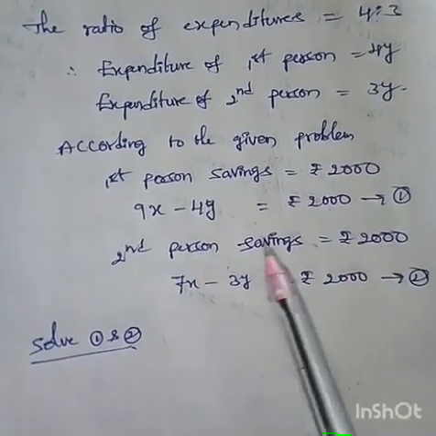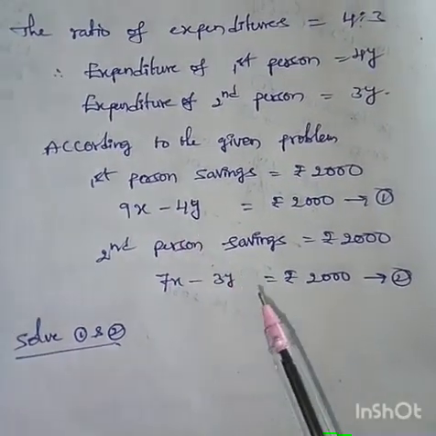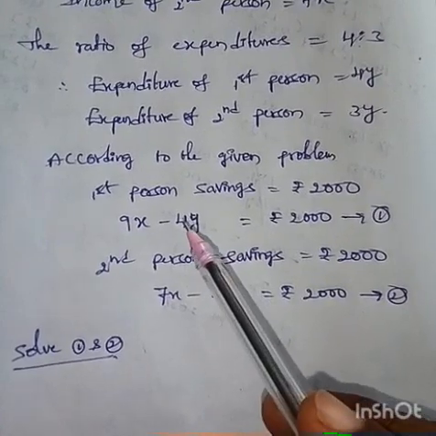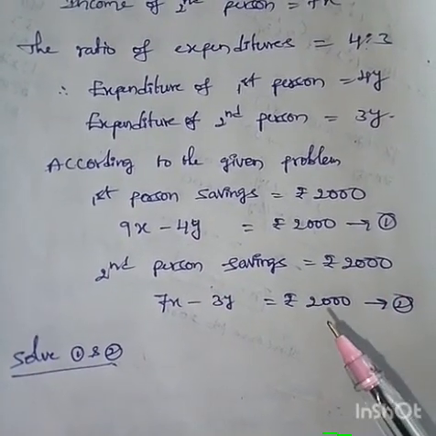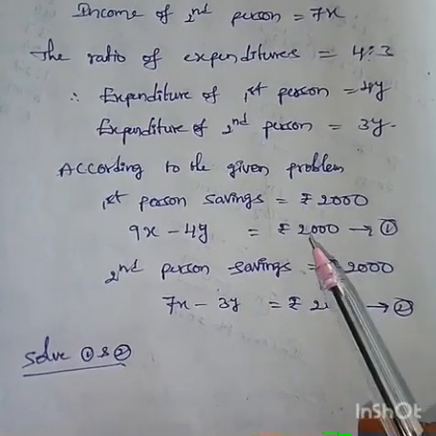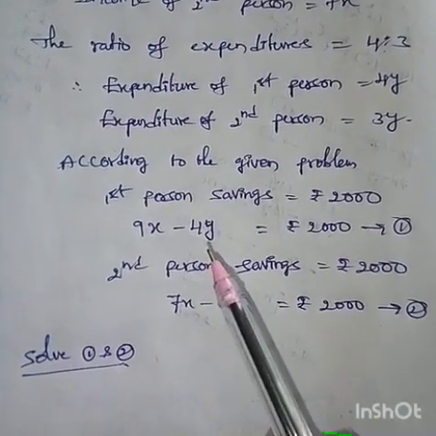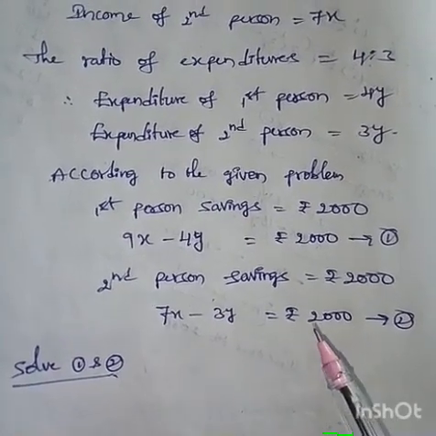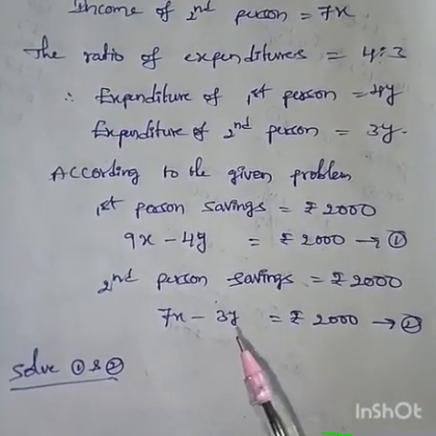Here in the first equation y coefficient is minus 4 and in the second equation y coefficient is minus 3. So the LCM of 4 and 3 is 12. To get 12y, we have to multiply equation 1 by 3, and similarly, to get 12y, we have to multiply equation 2 by 4.